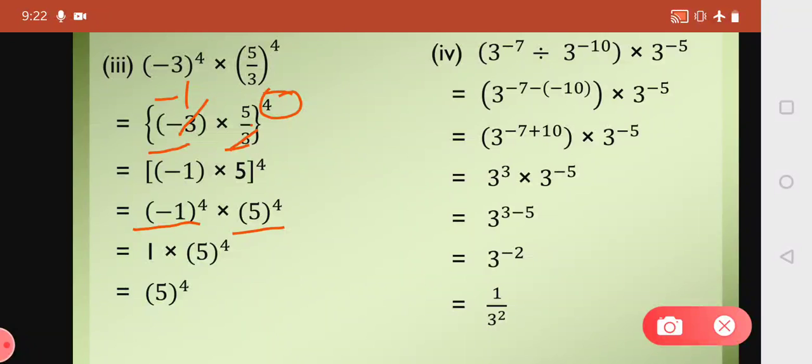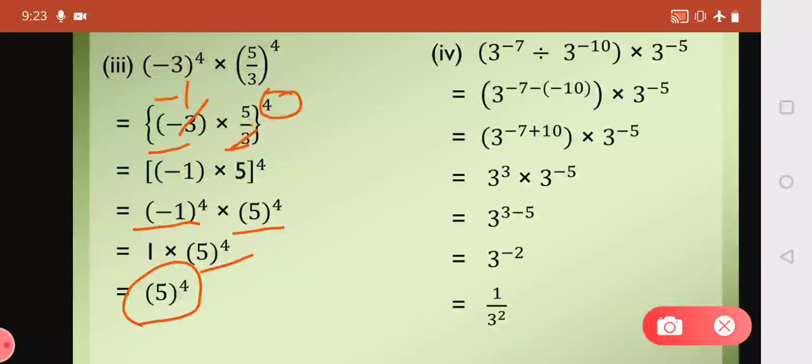As the base is negative and the power is even, we will get the product as positive only. That is -1 multiplied by -1 multiplied by -1 multiplied by -1. We have to multiply -1 four times, so we will get positive 1. So that is 1 into 5^4, that is 5^4.